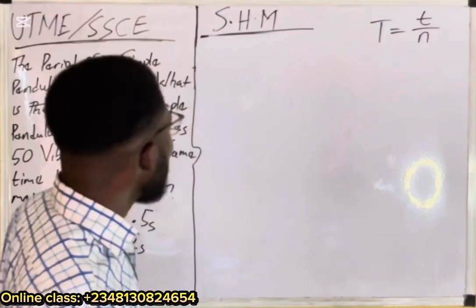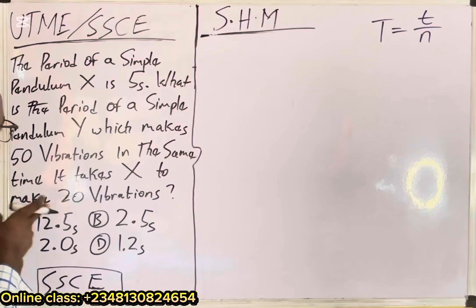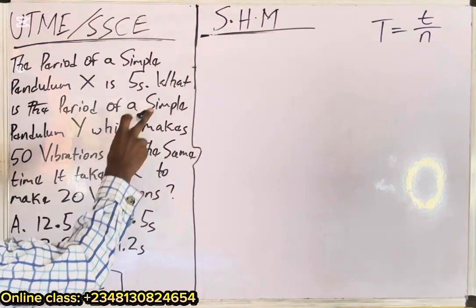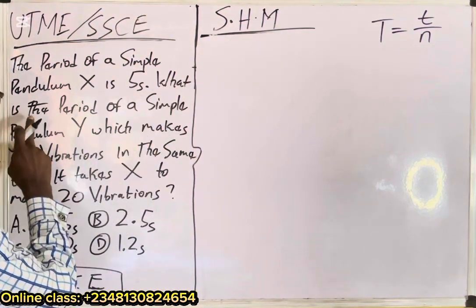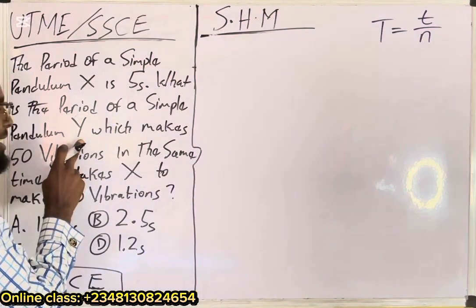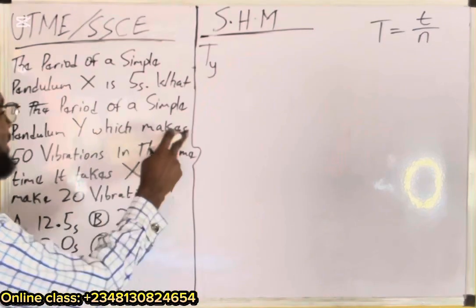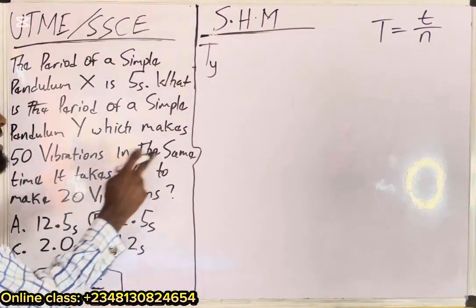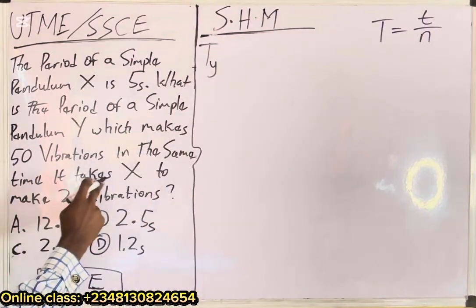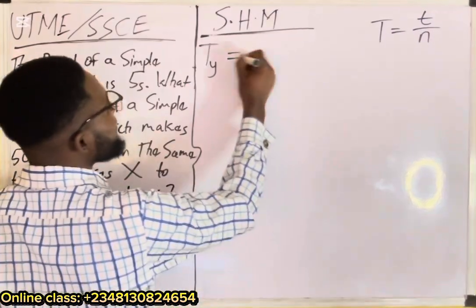Okay. Now, from this statement right here, we are looking for what? The period of the simple pendulum Y, which makes 50 vibrations in the same time it takes X to make 20 vibrations. So the period of Y is equal to what?